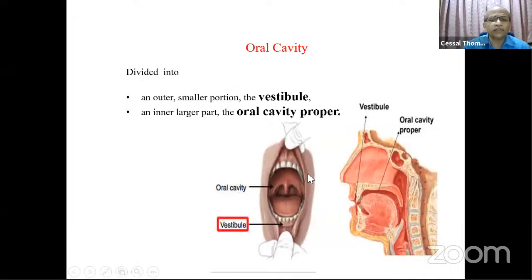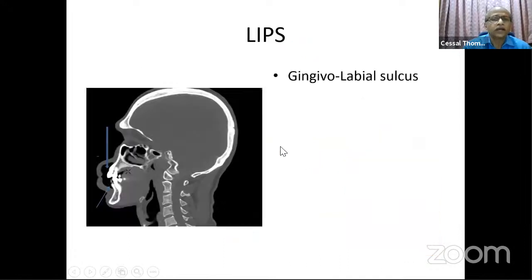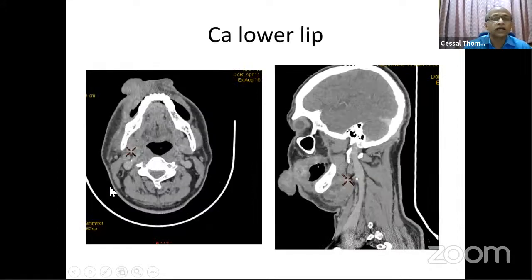So you can see the lip, the sulcus, the gingival mucosa very clearly. This is the puffed up cheek. Coming to the oral cavity proper, vestibule is there, and the lips. In CT, in the sagittal plane, we can see the upper lip, lower lip, and the sulcus, the upper gingivo-buccal sulcus and the lower gingivo-buccal sulcus.